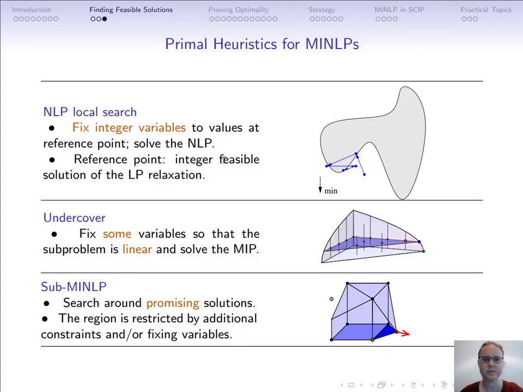Here are some examples of primal heuristics for MINLPs, which differ mostly in the way the feasible set is restricted. First of all, you can let the LP relaxations do the work. That happens, for example, in LP-based branch and bound, where many LP relaxations are solved in different nodes, and so it is likely that one of those LP relaxations will produce an integer feasible solution.